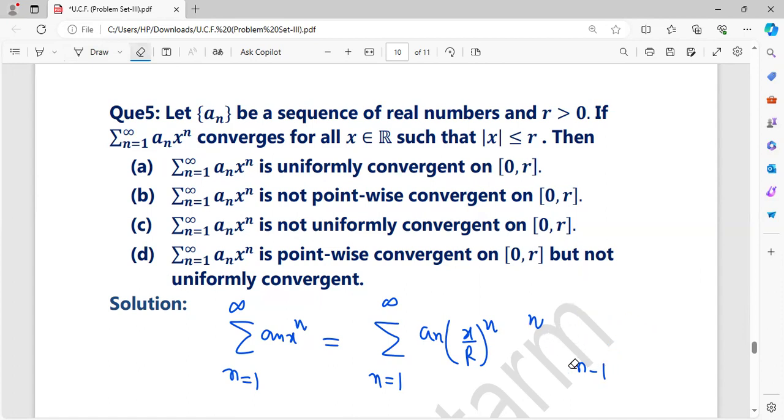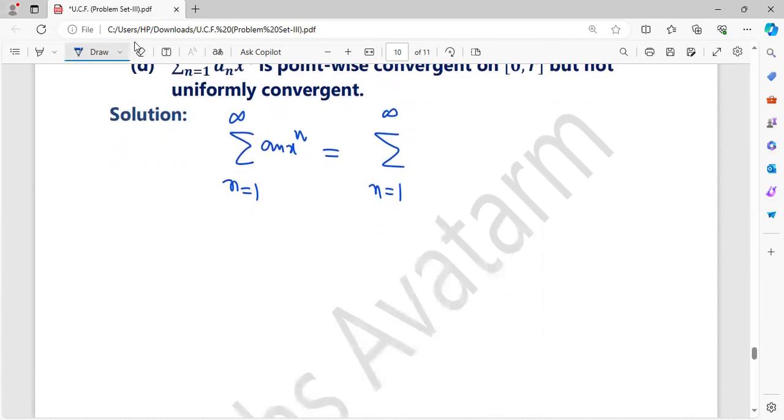So write it below, just below. What is this? So I can write a_n (x upon r) to the power n into r to the power n.